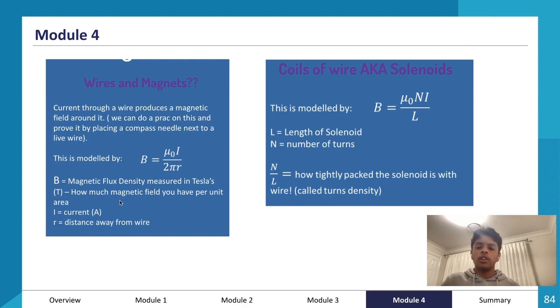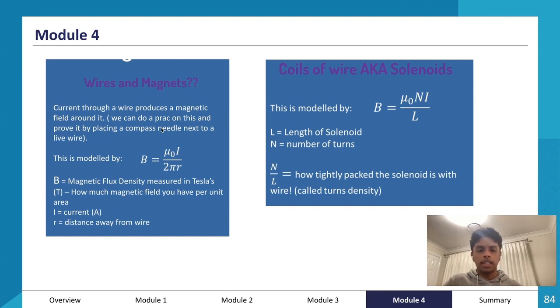To find the strength of a magnetic field, we go through this equation. B, the strength of the magnetic field, is given by this constant, which is on your data sheet, times current divided by 2 pi r, where r is the distance away from the wire. Current through a wire produces a magnetic field around it.